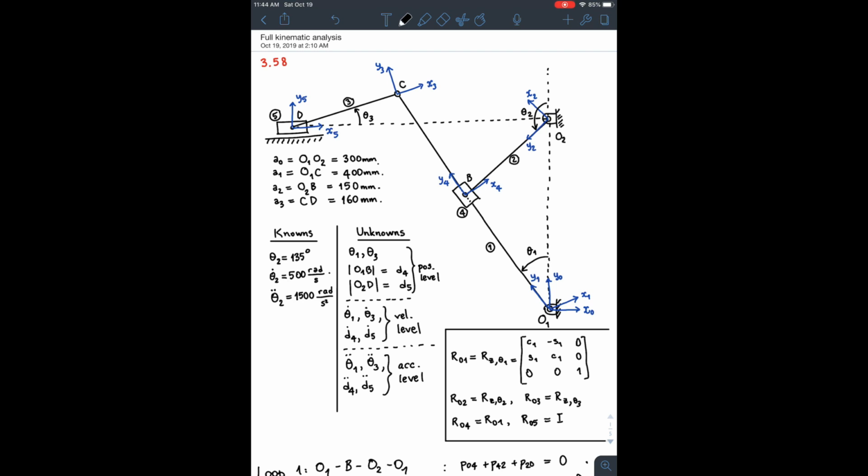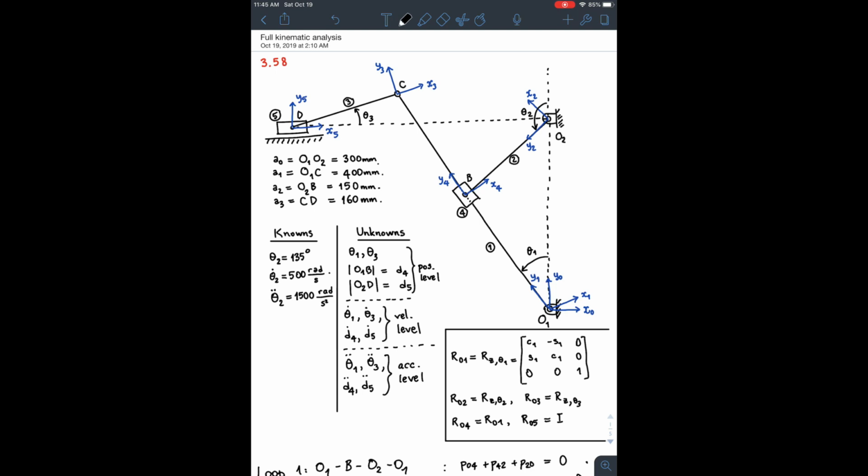That is exactly what we are doing when we are doing d/dt in 1 of p04, because the point O1 is fixed in 0, but it is also fixed in 1. So the point O1 is fixed in 1, and the vector p04 goes from that point to point B, right?